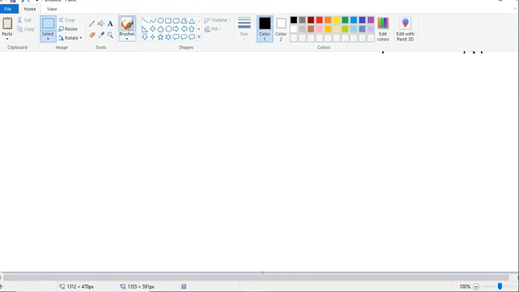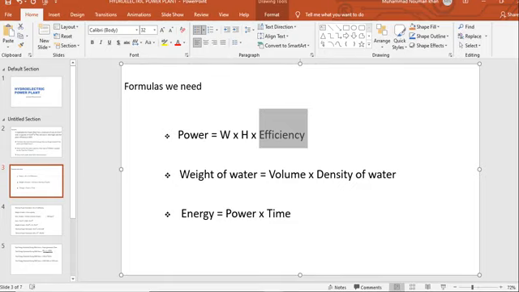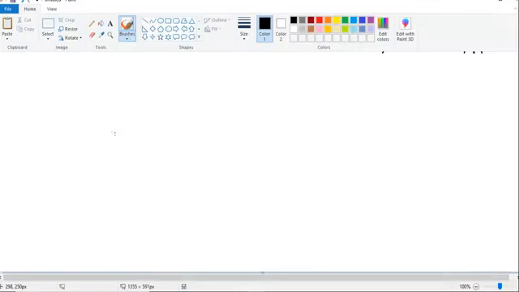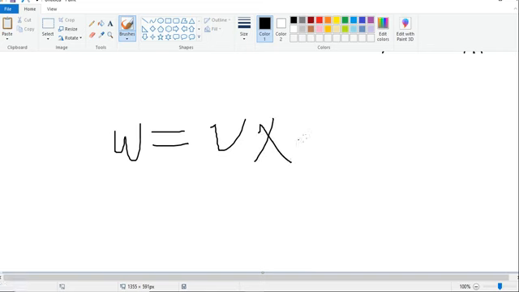Now what we are discussing? We are discussing about weight of water. Weight of water equal to volume multiply by density.